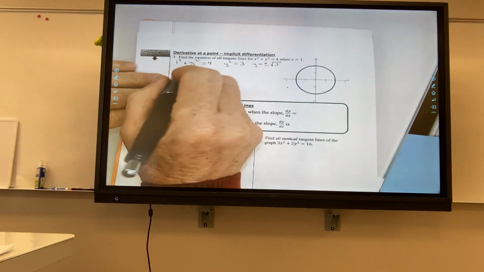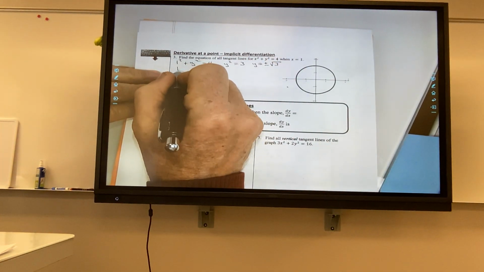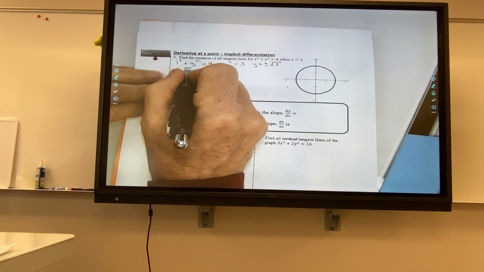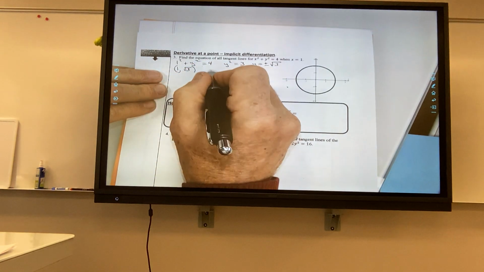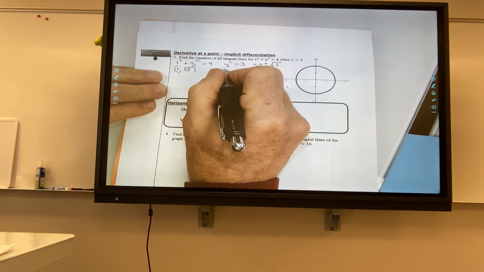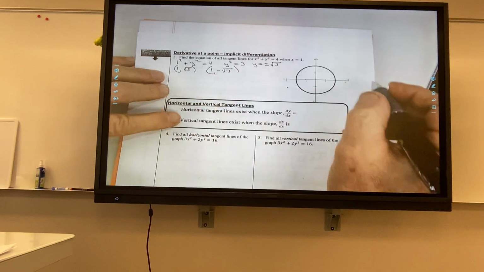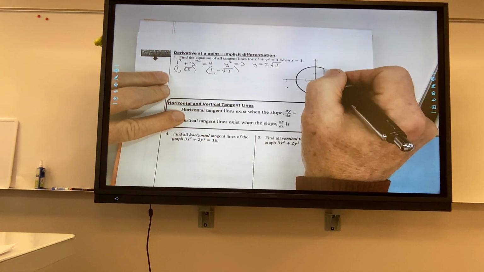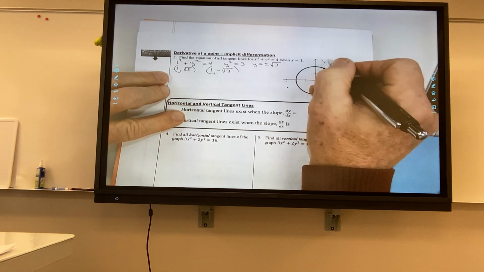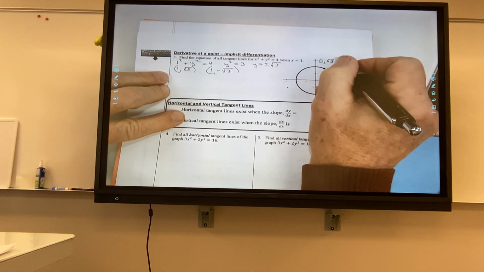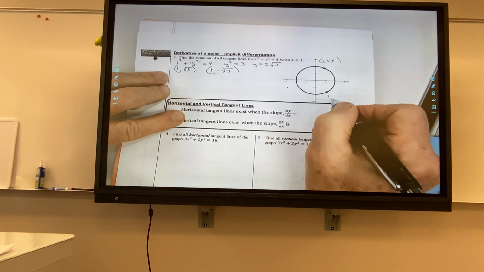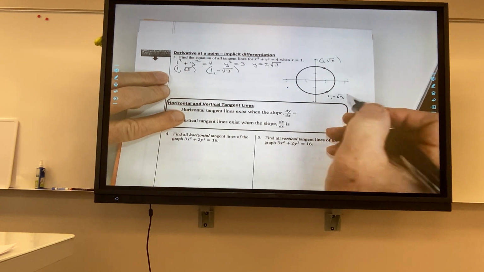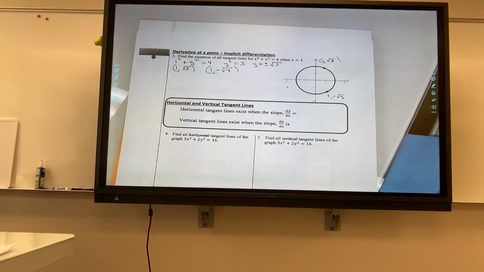But there's also a positive 1 and a negative 1, correct? So I have 2 points, 1 comma square root of 3 and 1 comma negative square root of 3. In other words, I got 1 down here, and I got 1 up here. Up here is 1 comma square root of 3, and down here is 1 comma negative square root of 3. I know it's not a function, correct? But it still can have tangent lines.